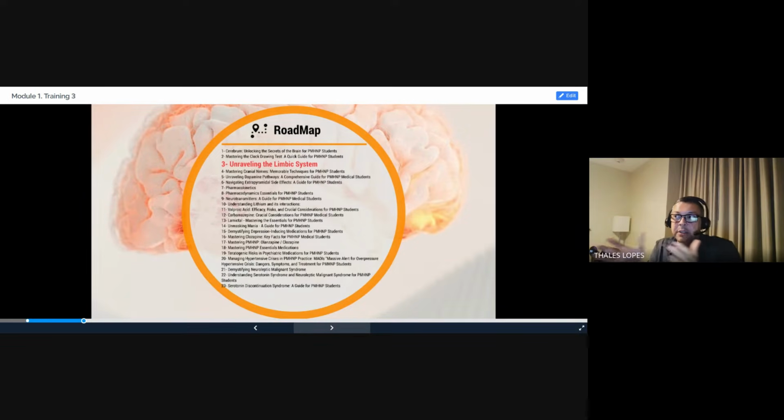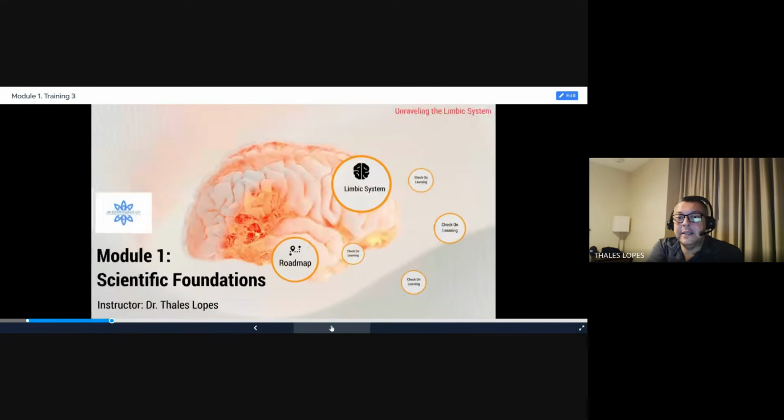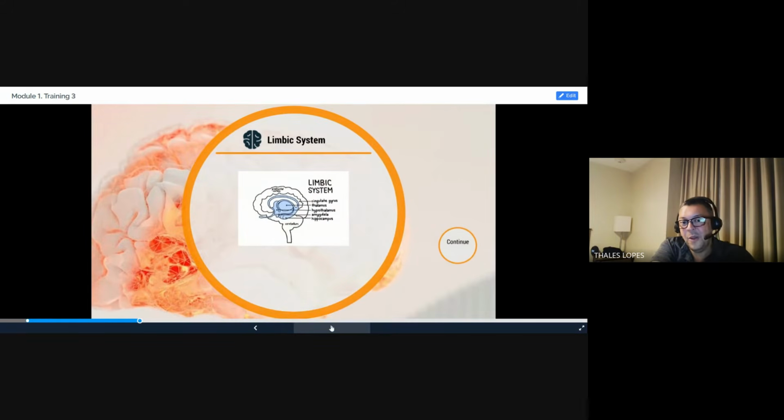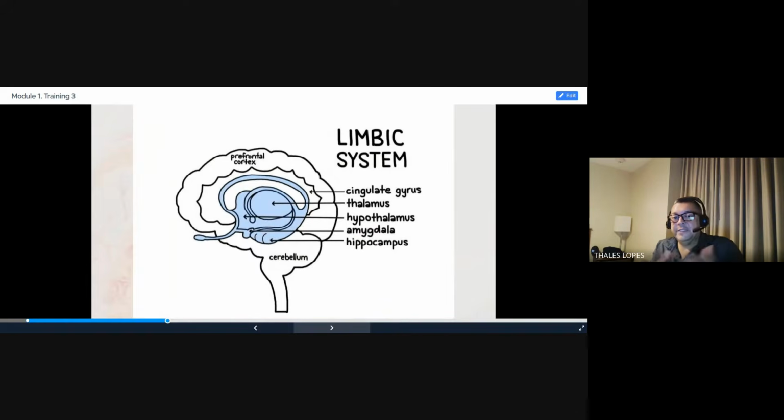Then we went into the clock drawing test. Now, we need to understand the limbic system early because there'll be tons of questions on the limbic system. So let's talk about the limbic system, right? If we say the limbic system, I'm more concerned with 4 parts of the limbic system.